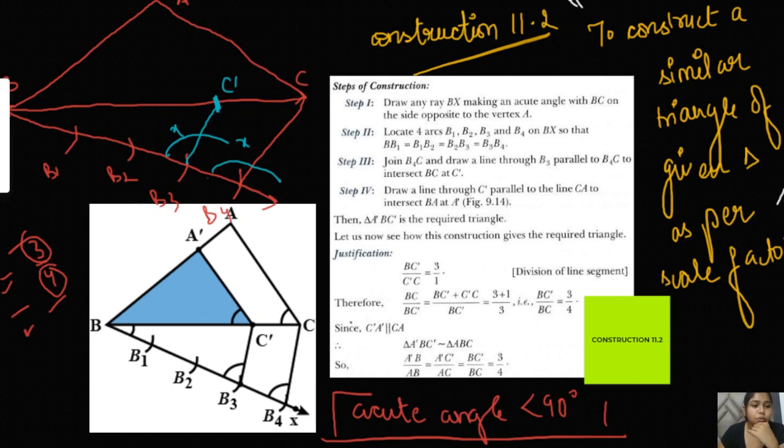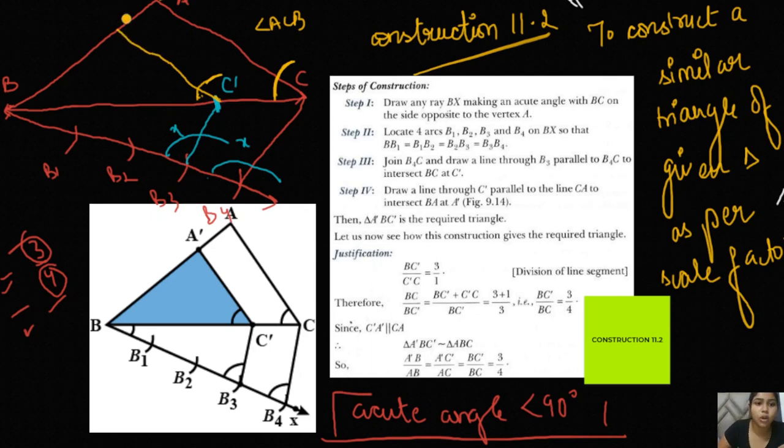Now you just have to measure this angle, angle ACB. Then you have to draw the similar angle here and draw the parallel line from here. I'm sorry, I have drawn the wrong line. You have to measure the angle and draw the angle here, and after that cut the line in such a way that it becomes parallel, like this.